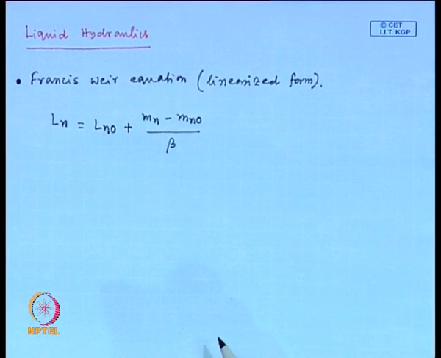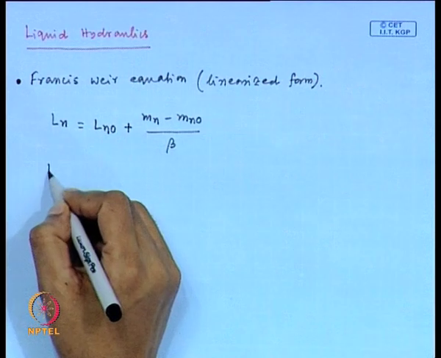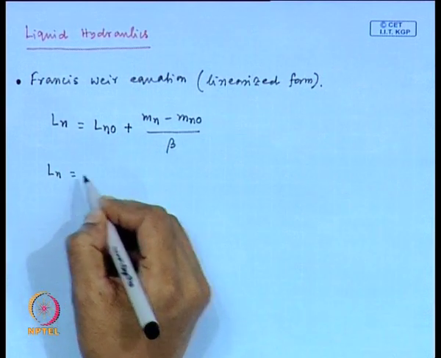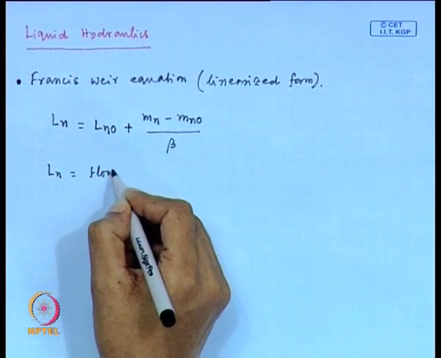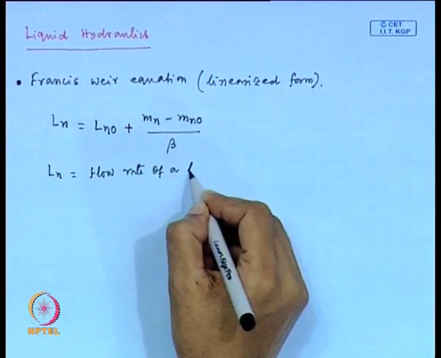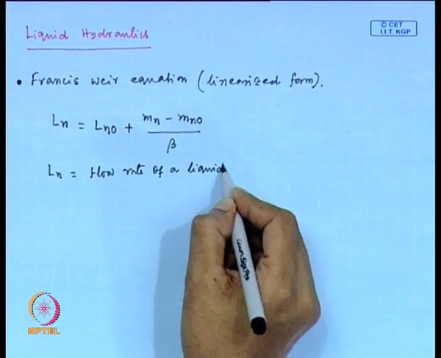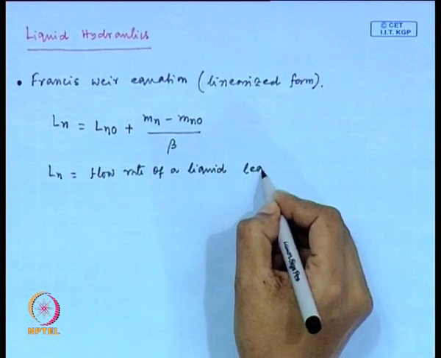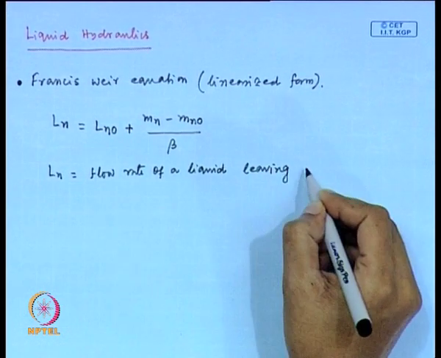This is the Francis-Weir form, where L n is the flow rate of a liquid stream leaving n stage.